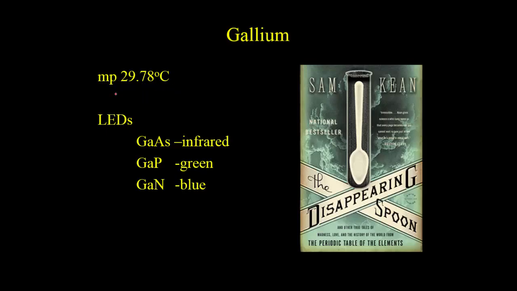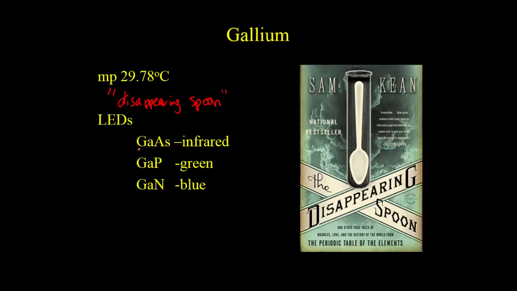And this has led to a trick called the disappearing spoon, where you have a shiny metal spoon that looks like any normal silverware, but when you stir it in your hot coffee or hot tea, it melts and disappears. So this book here by Sam Kean has lots of stories of the elements like that. You can look up on YouTube and watch a disappearing spoon video. I don't recommend you actually drink it.